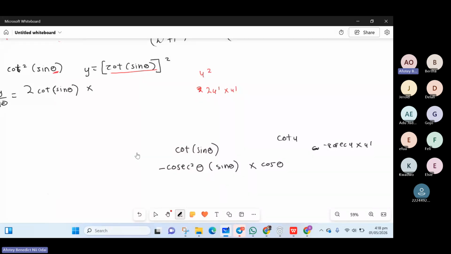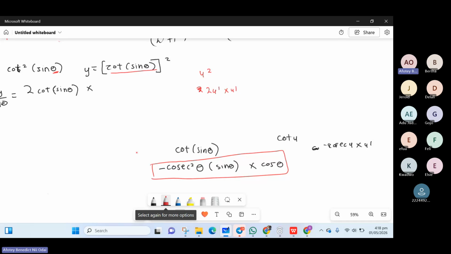So what we've done here basically is the differential of this inner function. I'm using the term function because we are dealing with composite functions over here, right? So we get 2 cot sine theta. We are getting this because we differentiated the outer function, which is, we brought the 2 forward. This is now to the power 1. And of course, our inner function remains unchanged. We differentiated this over here, and we have negative cosec squared theta.